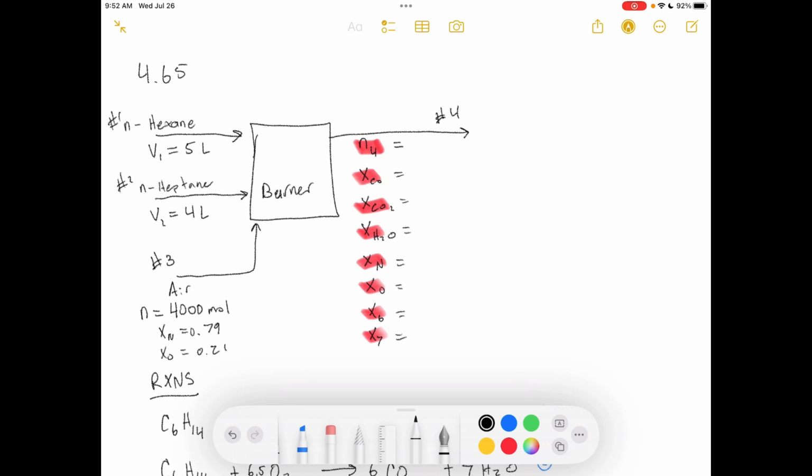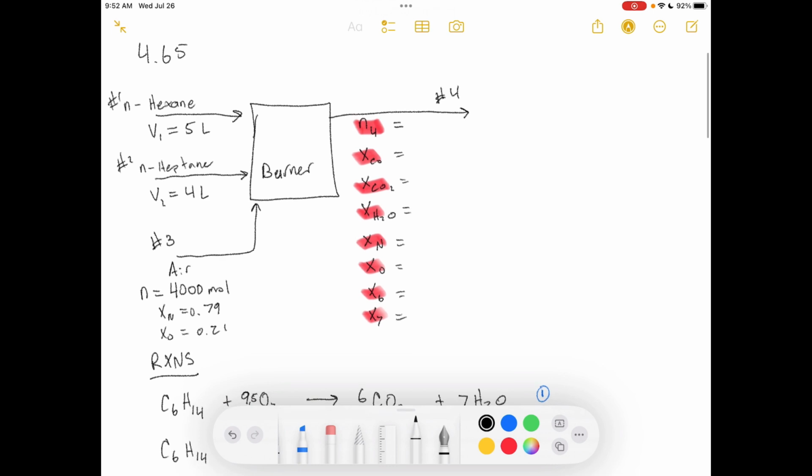Not all of the hydrocarbons are burned in the furnace, and both carbon monoxide and carbon dioxide are formed. If it is possible to do so without additional information, calculate the percent excess air supplied to the furnace. If more information is needed, state what it is and outline the calculation of the percent excess air.